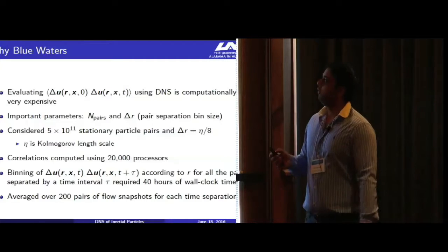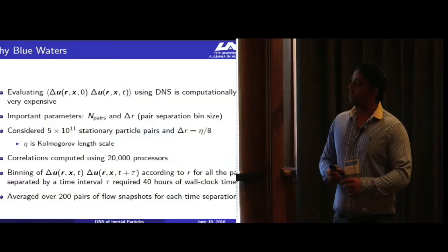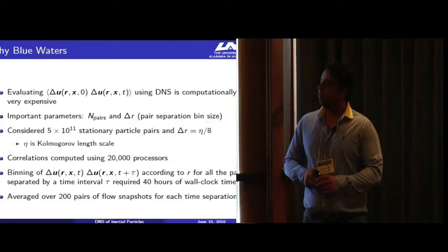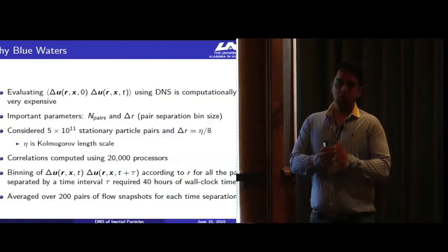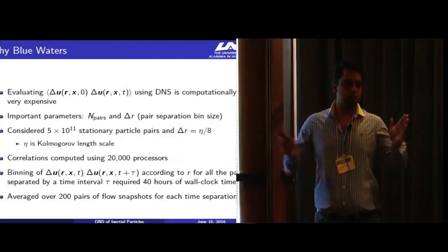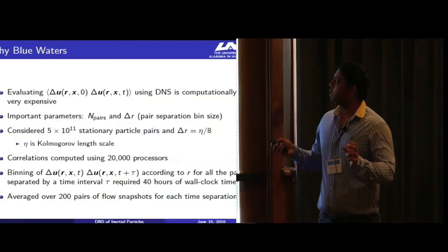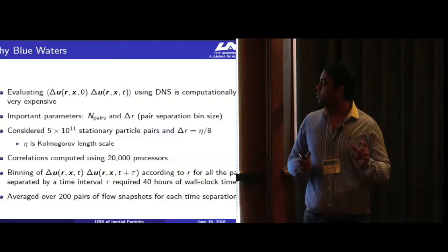And for obtaining this Eulerian 2-time correlation, we consider almost 500 billion stationary particle pairs. We have to divide the whole particle pair separation range into small bins, in order to obtain a sufficiently large sample.